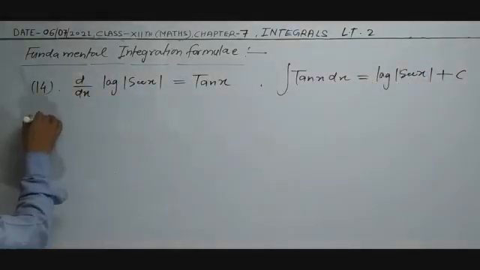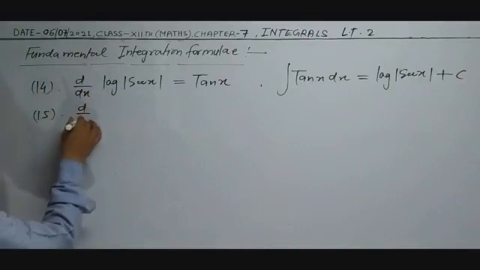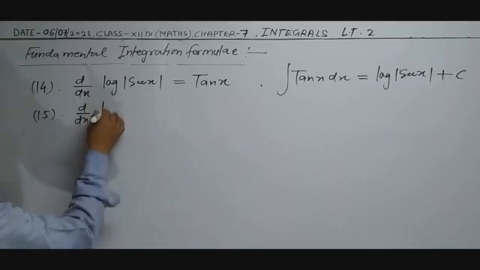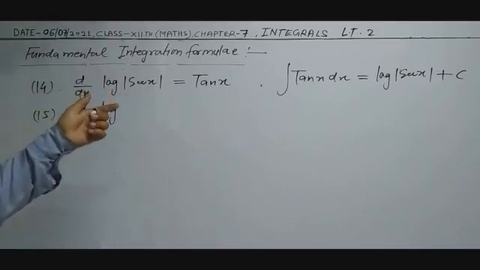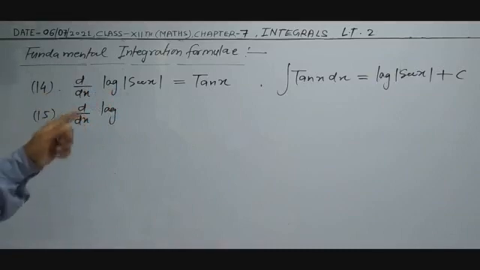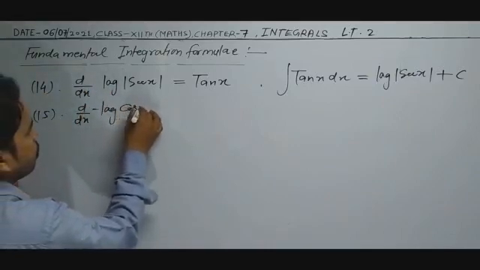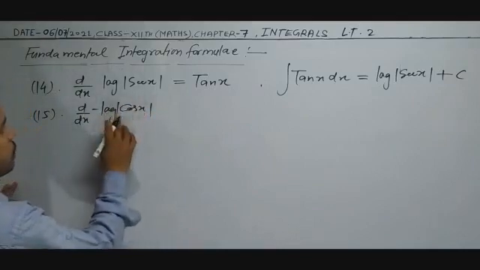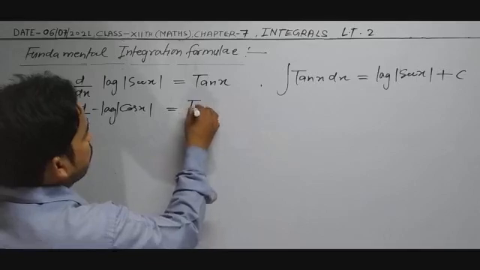Now the 15th formula. You can write d by dx of log of sec x, which can be written as log of 1 upon cos x, so this one can be written as minus log of cos x. It's a derivative. What will be its result?